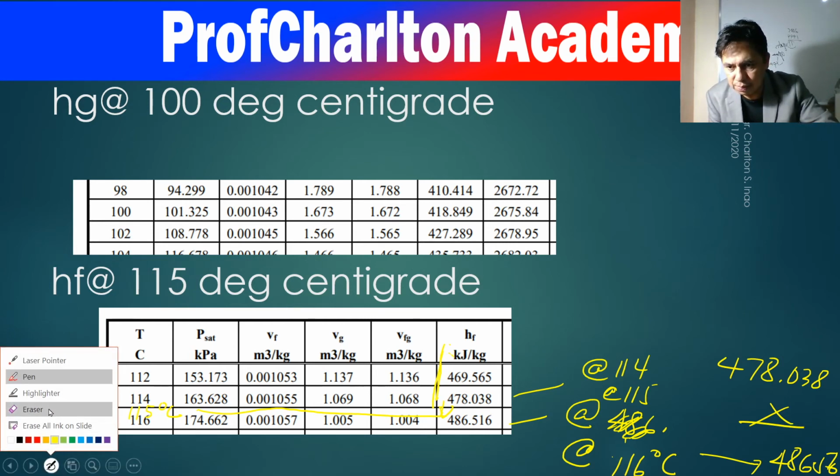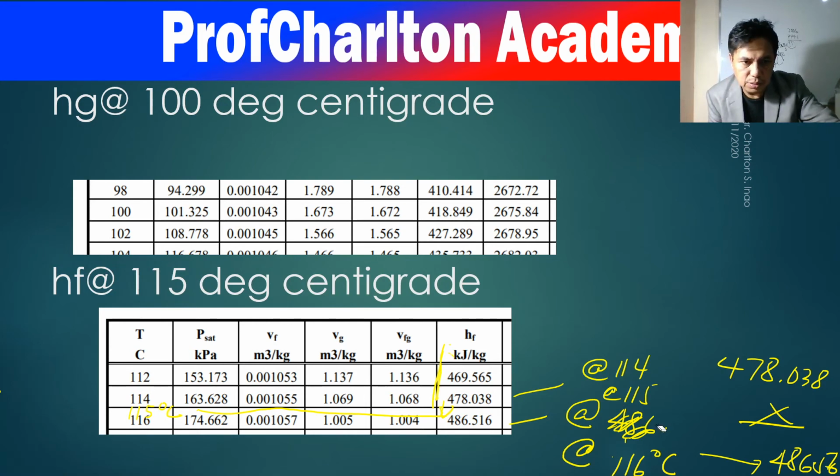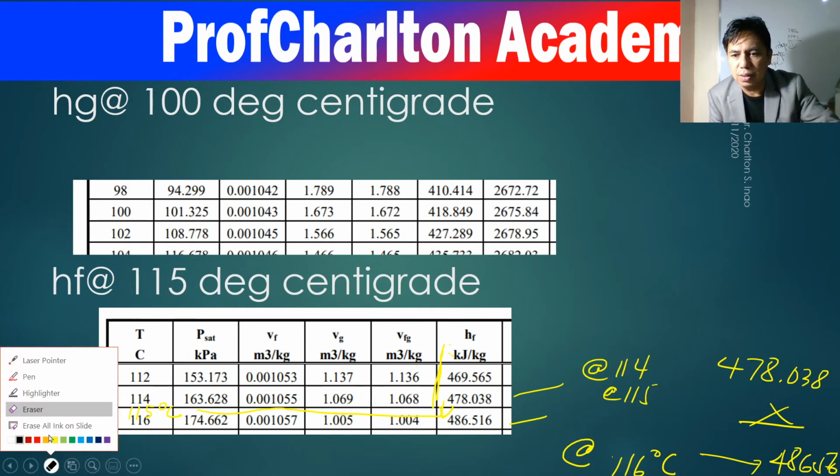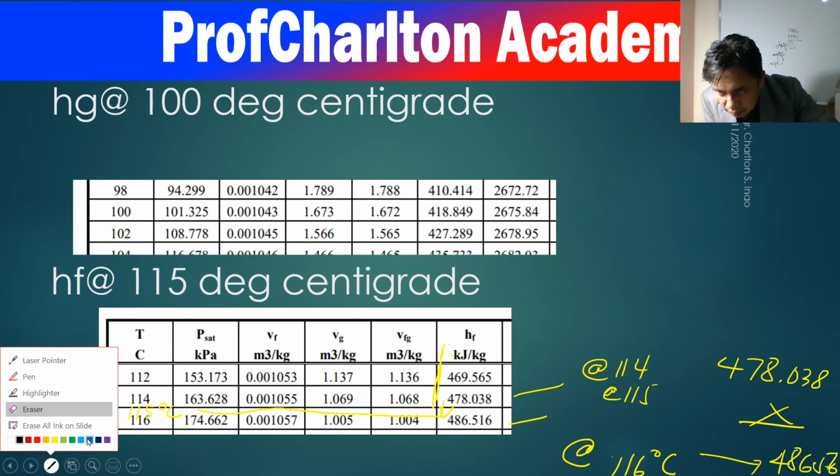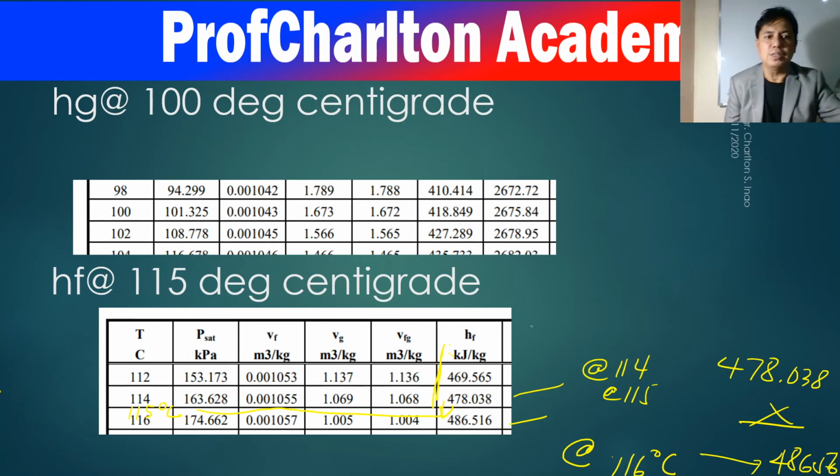Let me erase this to avoid the confusion. So there is a process in mathematics called interpolation, right? So you can solve this by the process of interpolation. Okay.